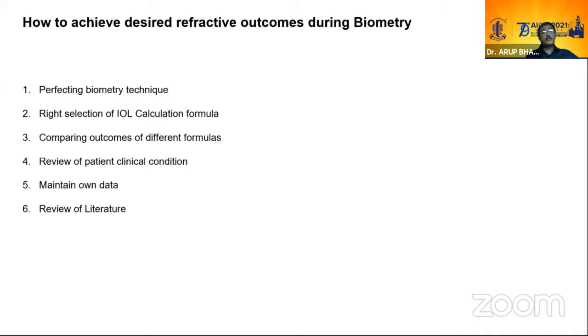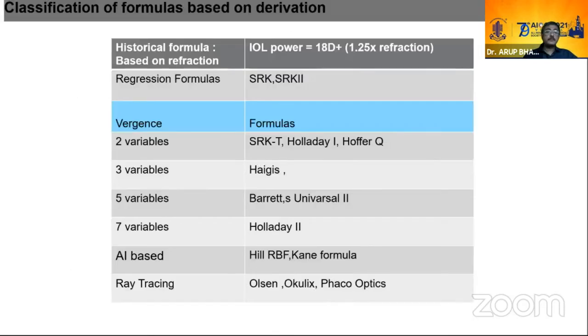Review of the patient's clinical condition is very important, and if possible, maintain your own database, and absolutely red flag whenever you get some kind of refractive surprise. And definitely there is an importance of reviewing literature. It will guide you how to go ahead in the future. And most important is the biometry machine.